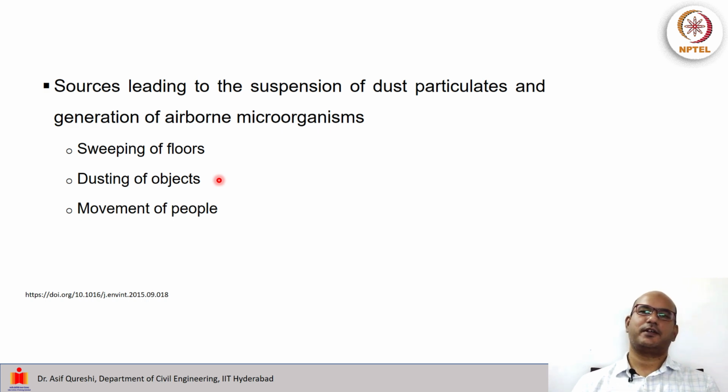Dusting of different objects, slabs, almirahs, tables, windows, doors, may remove particles from those surfaces, and those particles may also have microbial matter, and then all that microbes come to the air.